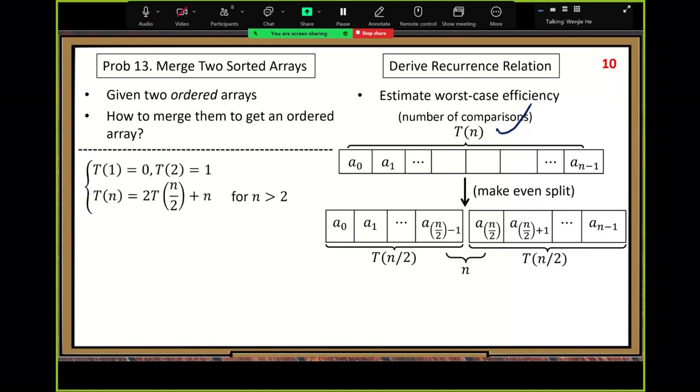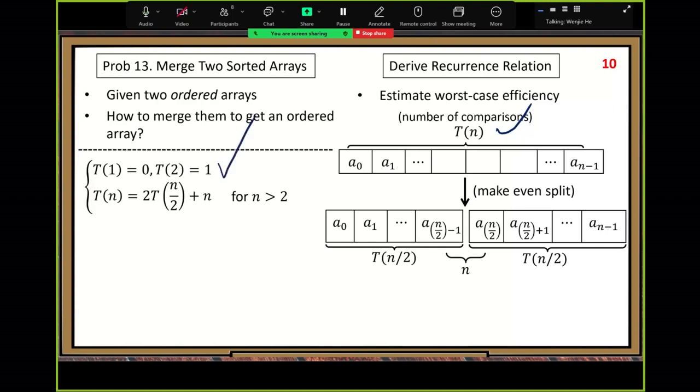N comparisons. So now we get our recursion formula. T of 1 equals 0: one element, no comparison. T of 2 is one comparison to get it sorted. These are the two simple initial values.